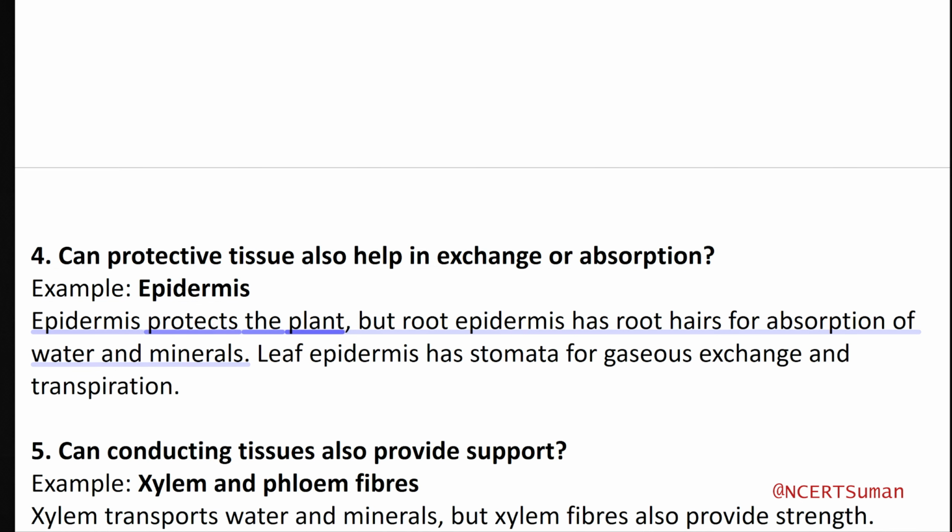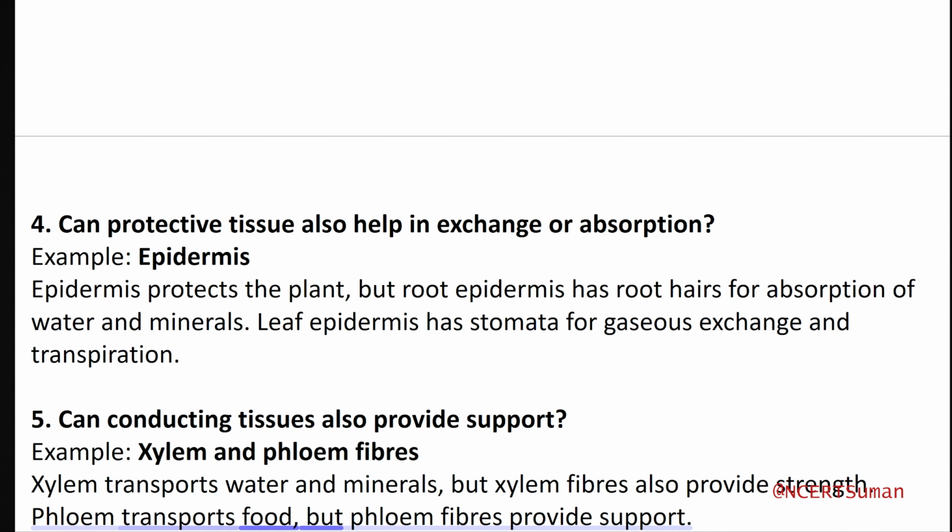Epidermis protects the plant, but root epidermis has root hairs for absorption of water and minerals. Leaf epidermis has stomata for gaseous exchange and transpiration. 5. Can conducting tissues also provide support? Example: xylem and phloem fibers. Xylem transports water and minerals, but xylem fibers also provide strength. Phloem transports food, but phloem fibers provide support.